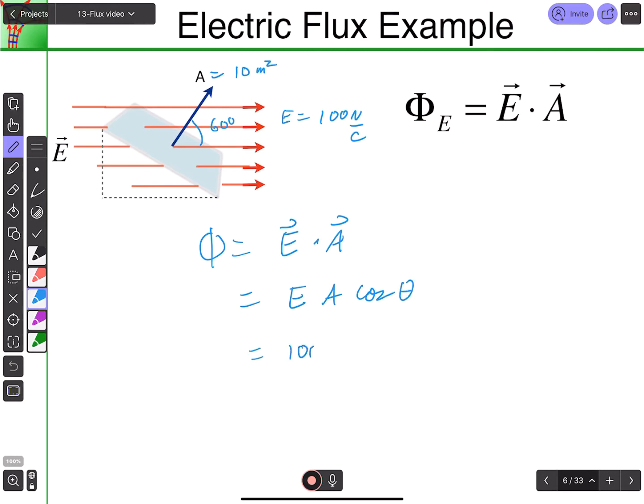So it'll be 100 newtons per coulomb times 10 meters squared, times the cosine of 60 degrees. The cosine of 60 degrees is an easy one, that's a half. So we end up with 100 times 10 times a half, which is 500 newton meters squared per coulomb.